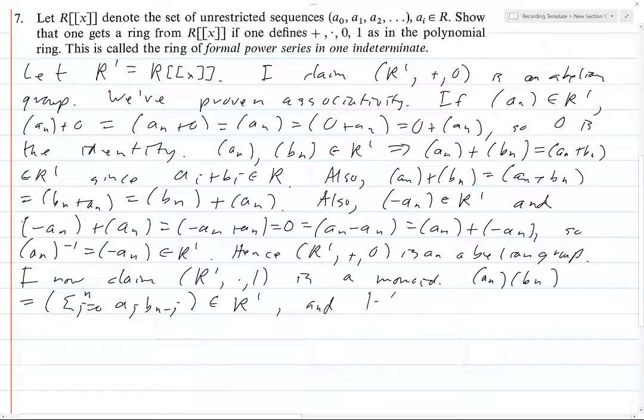And 1 times an equals, now this is where it's a little bit not completely trivial. Remember, this 1 is 1 and then zeros.